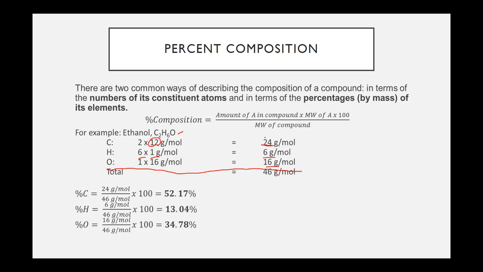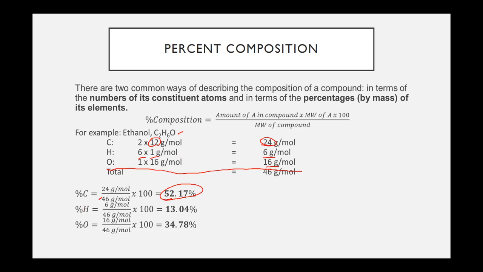May 24 grams per mole ng carbon sa ethanol. Then we'll divide it with the molecular weight na compound na 46 grams per mole times 100. We'll get 52.17%. So, molecular percent composition naman ng hydrogen.